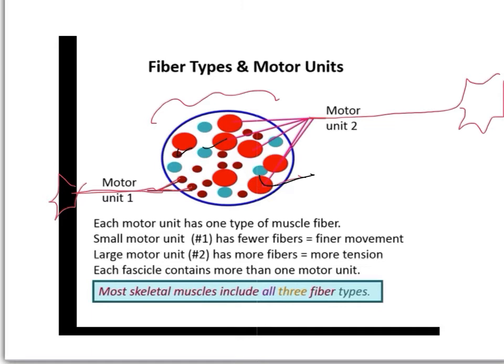That allows you to use a minimal amount of force for a minimum amount of load. If you're going to require more load, more tension to overcome that load, then you can simply recruit more motor units, and you can sustain that movement for a longer period of time as you switch from your slow oxidative to the fast glycolytic fibers.